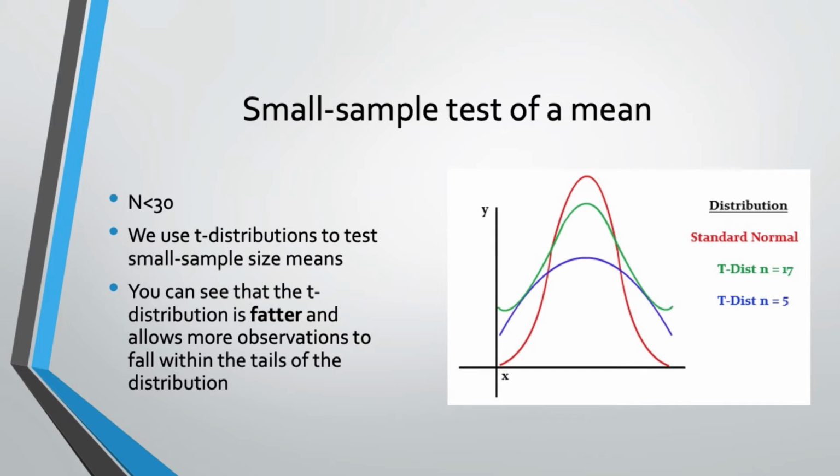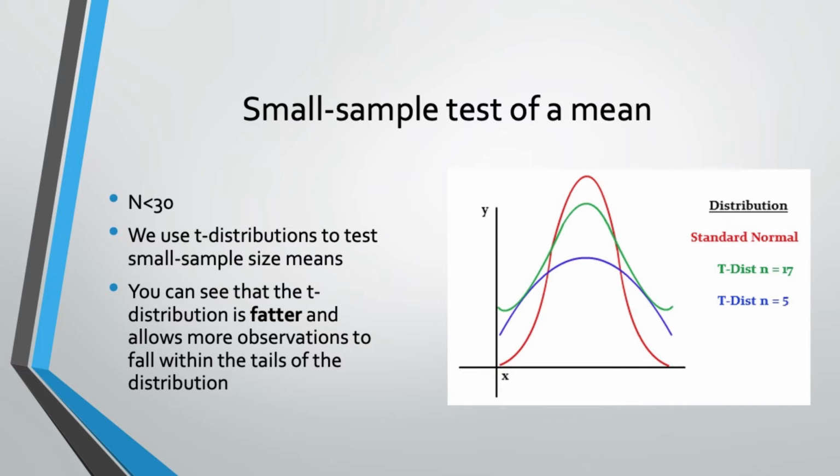What's important to note here is that you can see the t-distribution is much fatter and wider, and it allows for way more observations to fall within the tails than would the normal distribution. And the way we calculate means tests with samples and hypothesized population parameters is very similar, regardless of whether we're using t or z distributions.